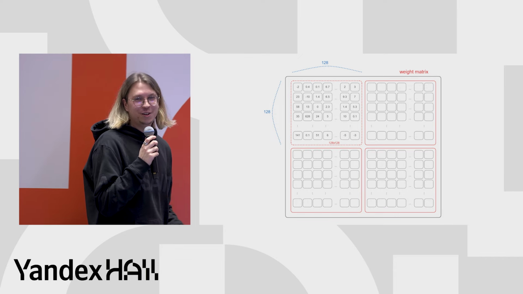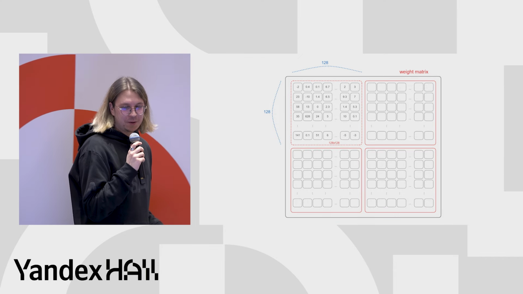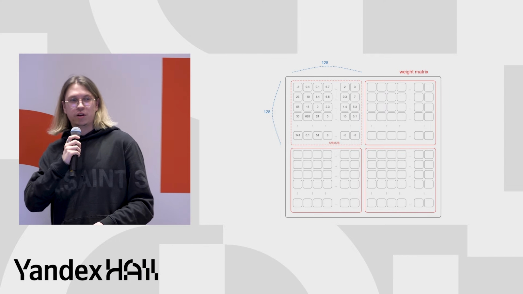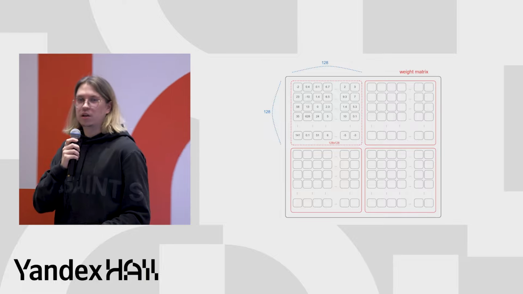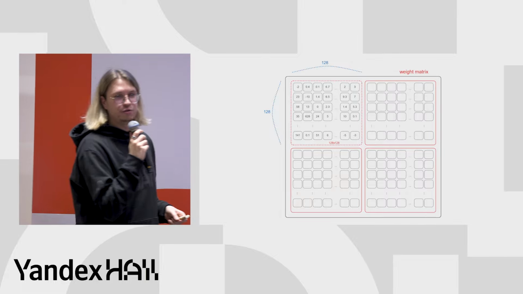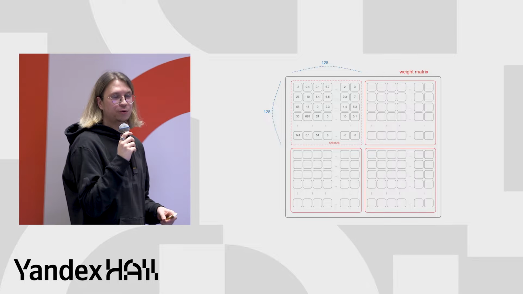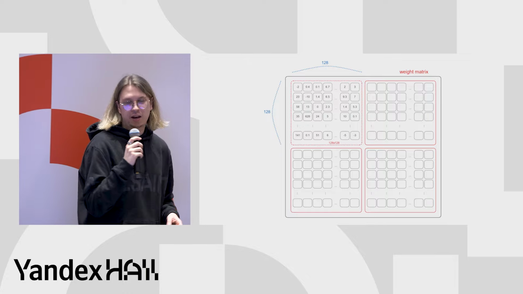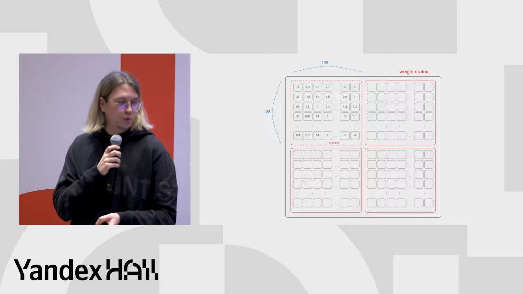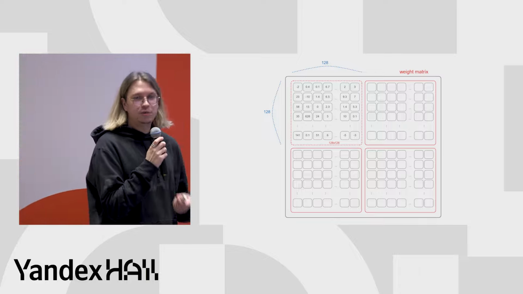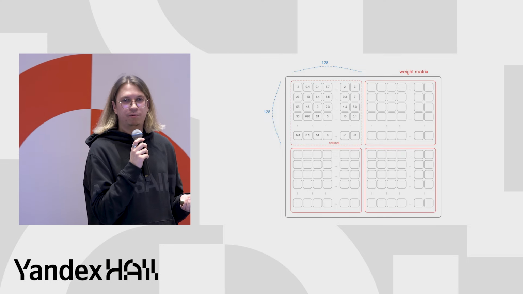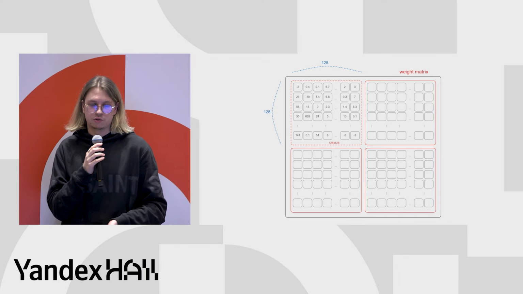So DeepSeek uses a very nice trick where we actually use block quantization. Instead of computing the scales inside one matrix, right, and having a really large matrix with a lot of possibilities for outliers, we can compute a scale inside a block. If you compute a scale inside a 100 by 100 block, even if this block is scaled incorrectly, it wouldn't have a lot of effect on the end-to-end training, right?